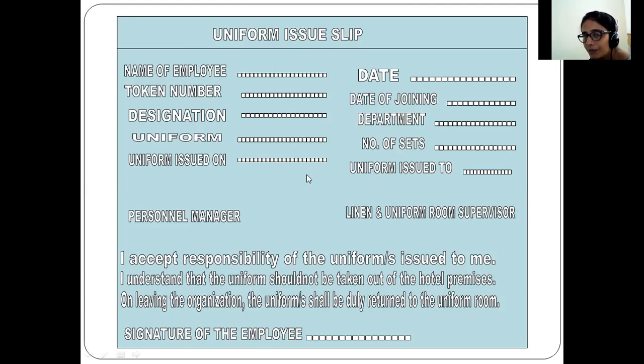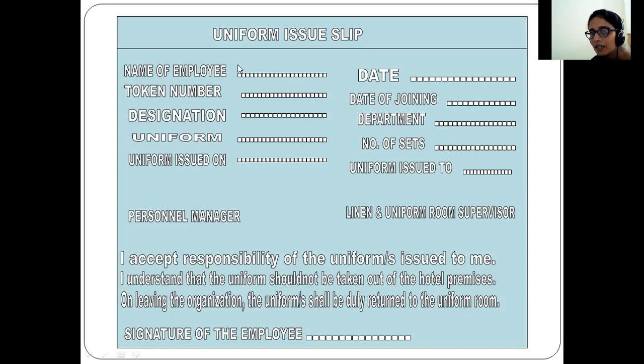We prepare this slip once the management has decided the uniform, and then we issue the uniforms to each employee.